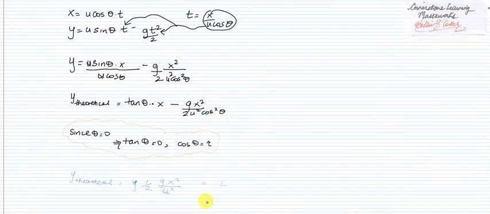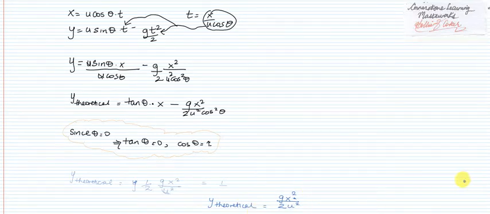So y theoretical is equal to g x squared all over 2 u squared. So for the different x, y theoretical is supposed to be that.